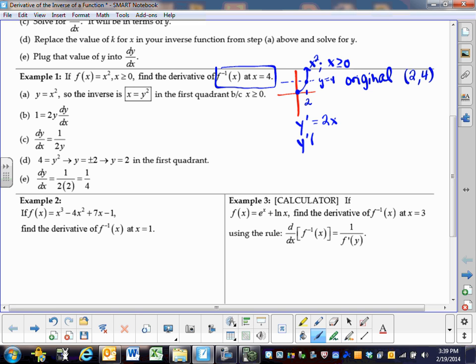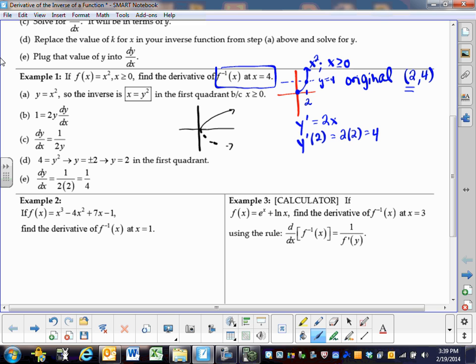If we take the derivative of x squared, we get 2x. The derivative at x equals 2 would be 2 times 2, which is 4. If we want the inverse function, technically we swap x and y and only choose the first quadrant portion.